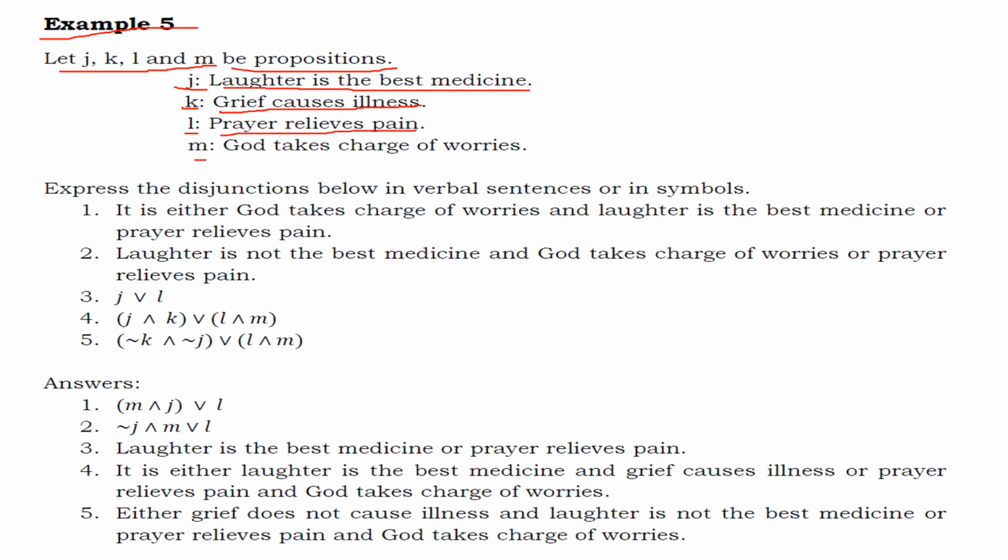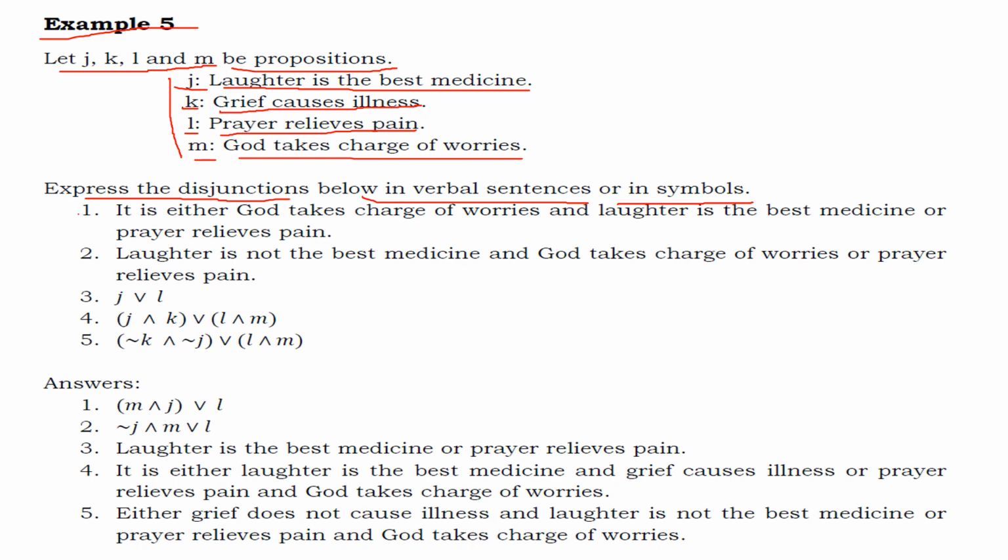And proposition M: God takes charge of worries. Here there are four propositions involved in this example. Let's see if we can combine these four propositions by simply using logical connectors. Now, express the disjunctions below in verbal sentences or in symbols.